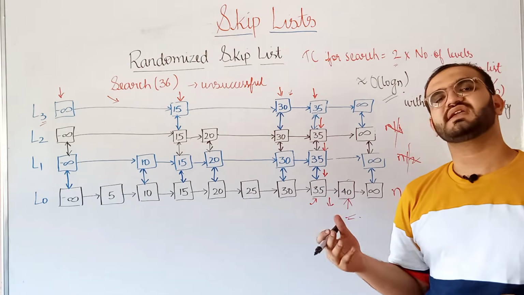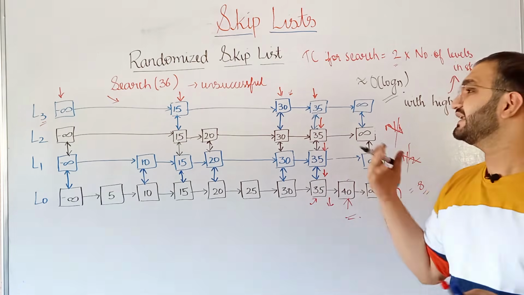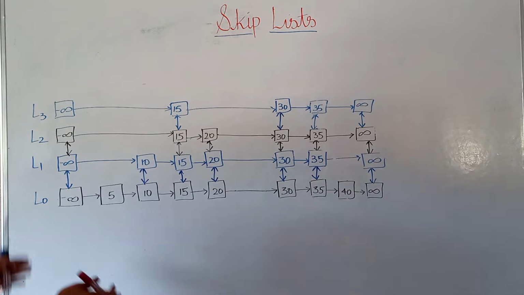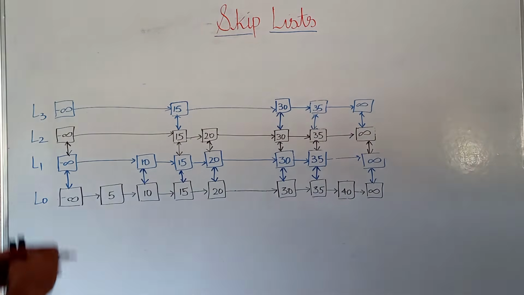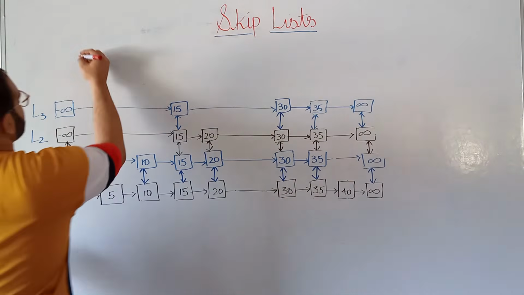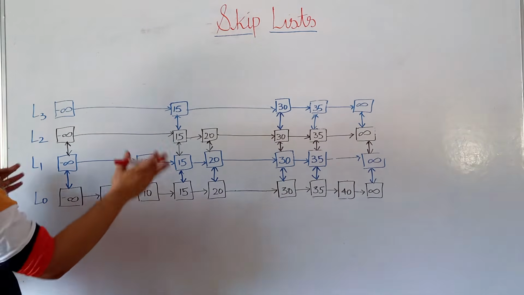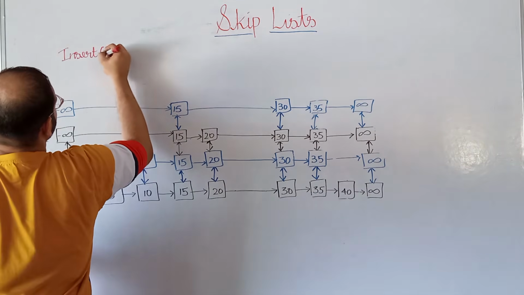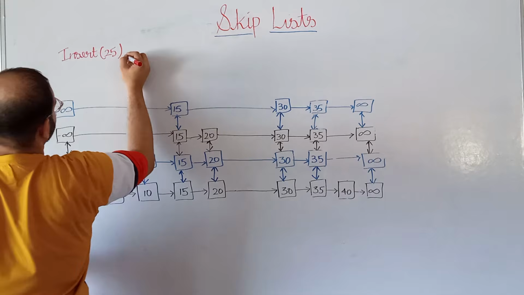Now let us see how to perform the insert and delete operations in a randomized skip list. Just look at this skip list. Now I'll be performing the insert operation in this skip list, right? I've changed the skip list and I want to insert a node with value 25.